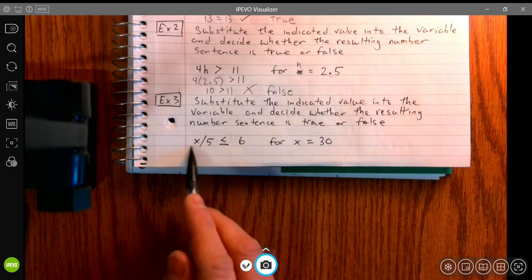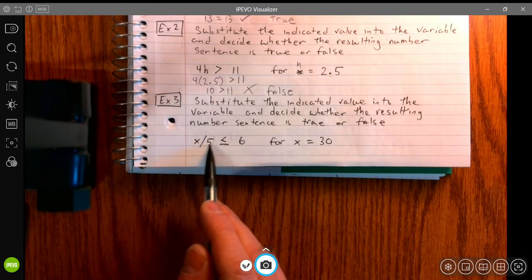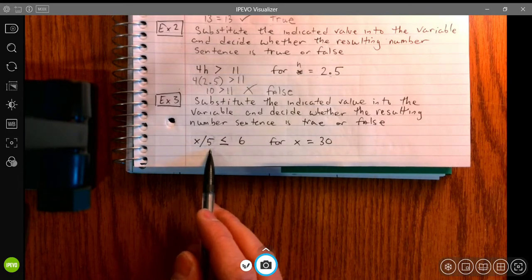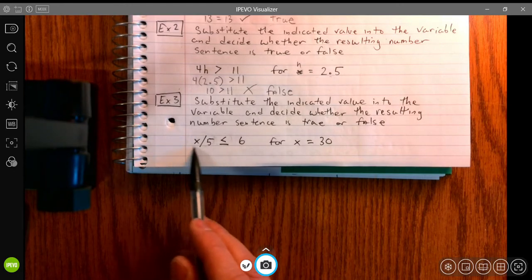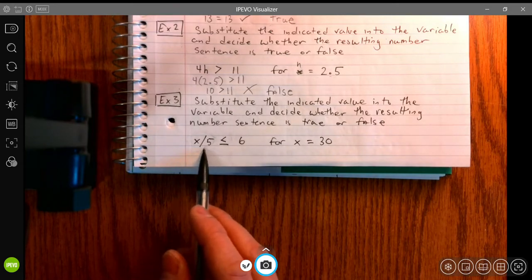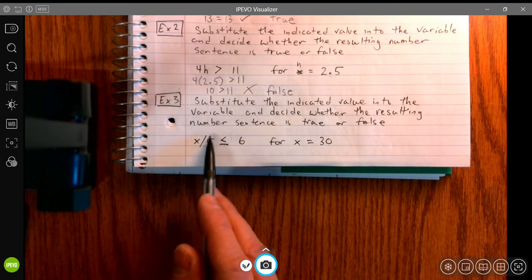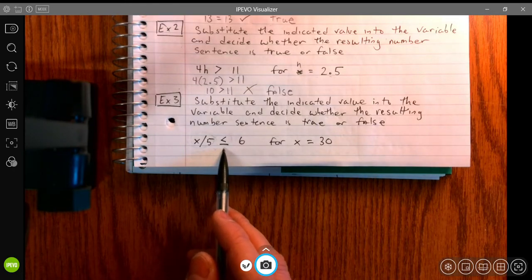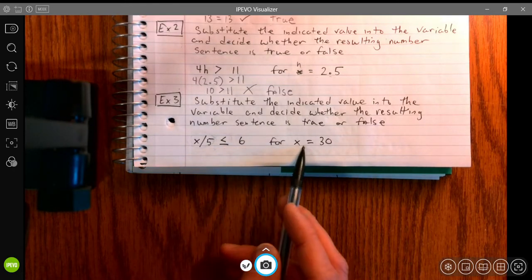Remember, I wrote my fraction like this because this is what it's going to look like on your problem set using a computer. This is one way we can represent a fraction or a division problem.